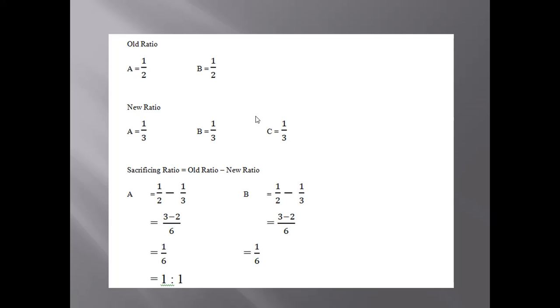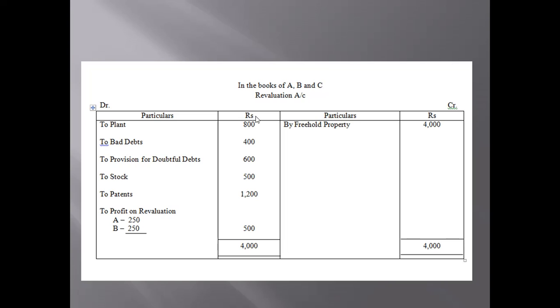It is 3,000, isn't it? So that 3,000 should be distributed between A and B as per the sacrificing ratio, and we will see it in the capital account. Let us prepare the capital account now.